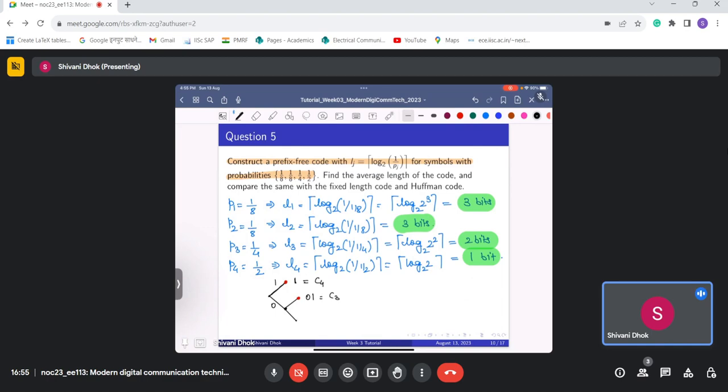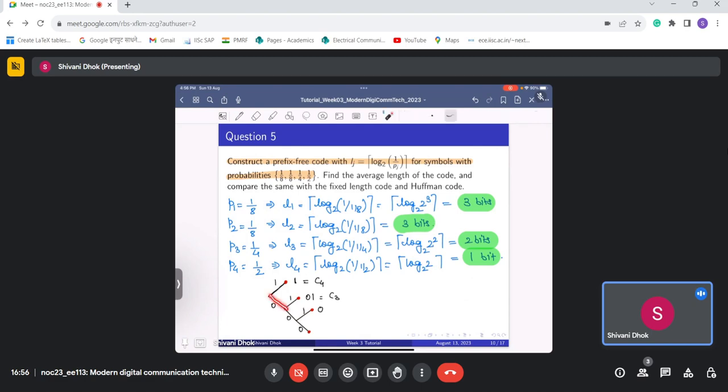So I'll extend this again like this. So what do we have is, let's see, this is 0 0, let me label it, this is 1 0 and 1 0.